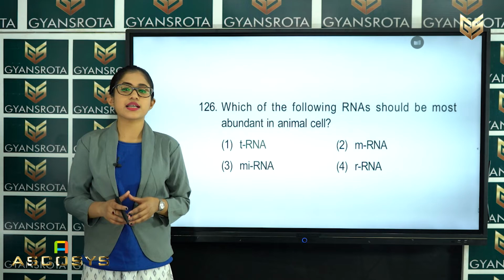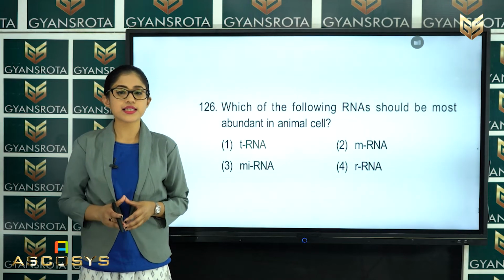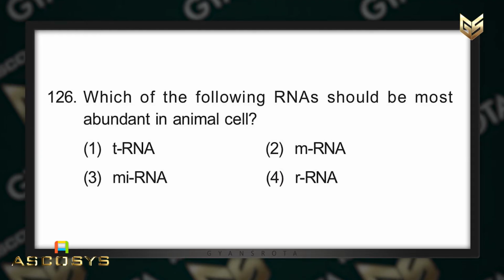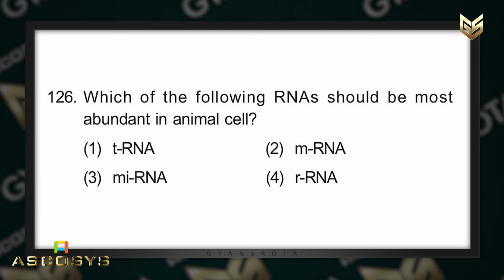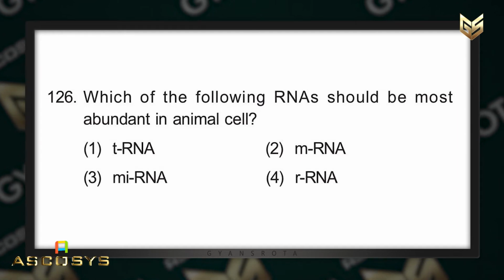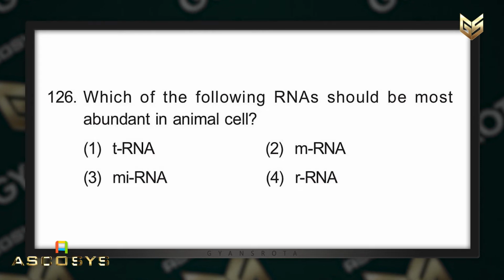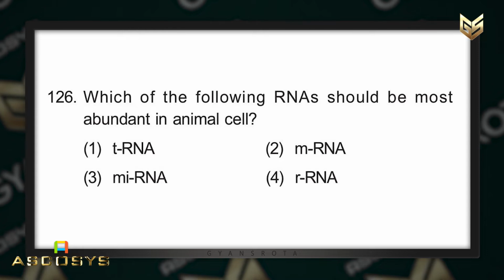In the next question, that is question number 126, which of the following RNAs should be most abundant in animal cells? 4 options are given with different names of the RNAs, whether it is tRNA, mRNA, miRNA, or rRNA.